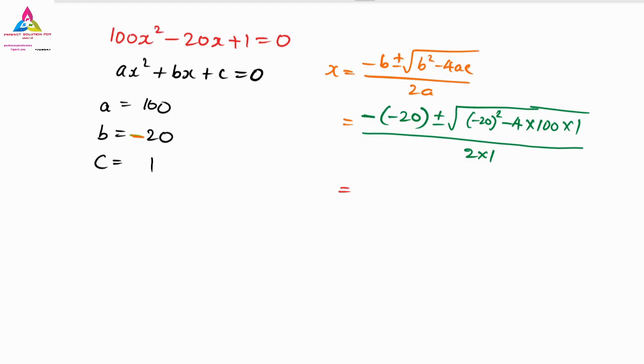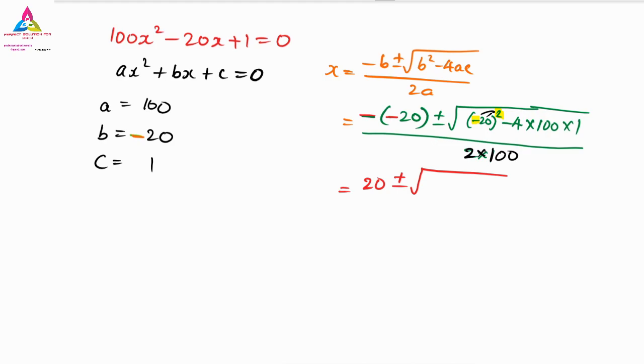So minus into minus is positive 20. Plus or minus root, the minus square we have to find. Minus square is how much? Okay, A is 100. So down we have minus, and the square is for minus 20 also.